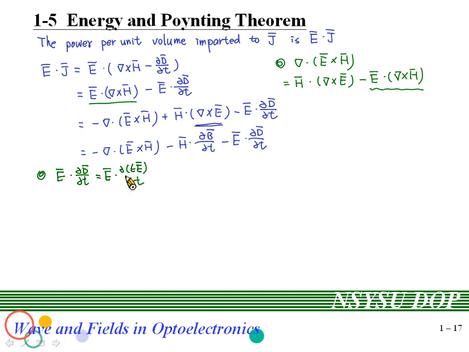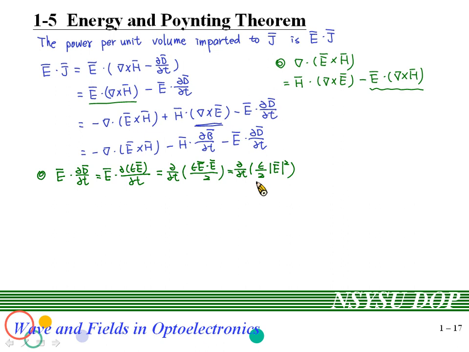And our next step is to put the E field inside here, so we then can have partial over partial t, and the following is epsilon E dot E over 2. Then this means that it will be partial over partial t of half epsilon E square.